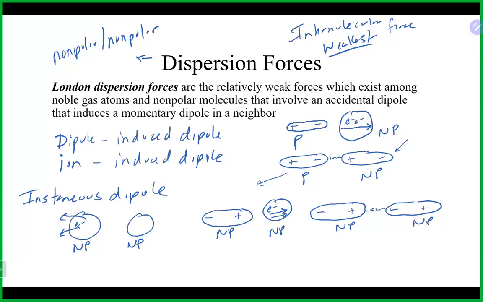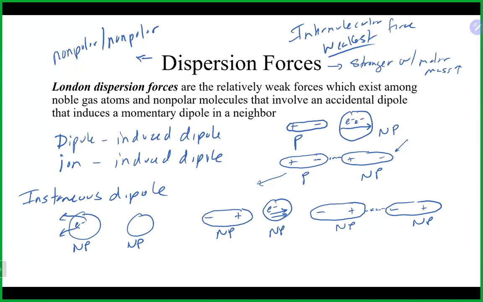Now, the strength of a dispersion force is related to that. It gets stronger with molar mass. As the molar mass of a compound that is able to do dispersion forces increases, the strength of that weak force becomes greater as well.